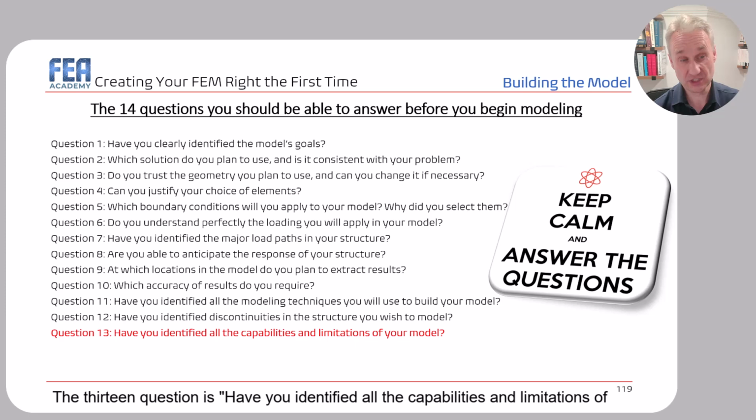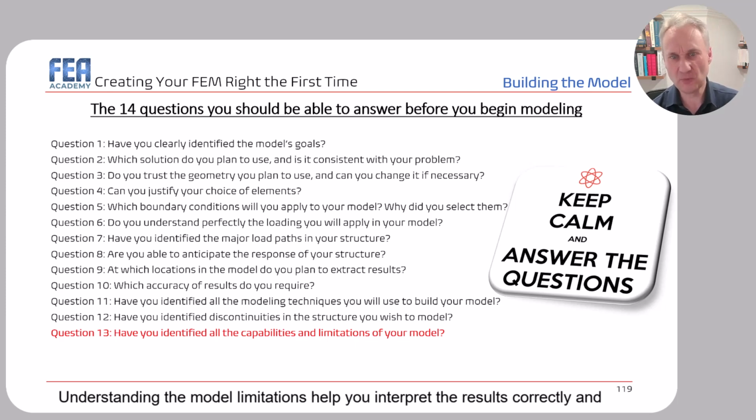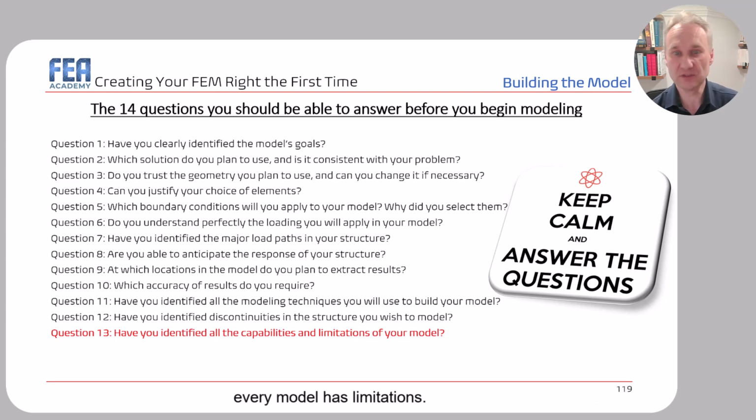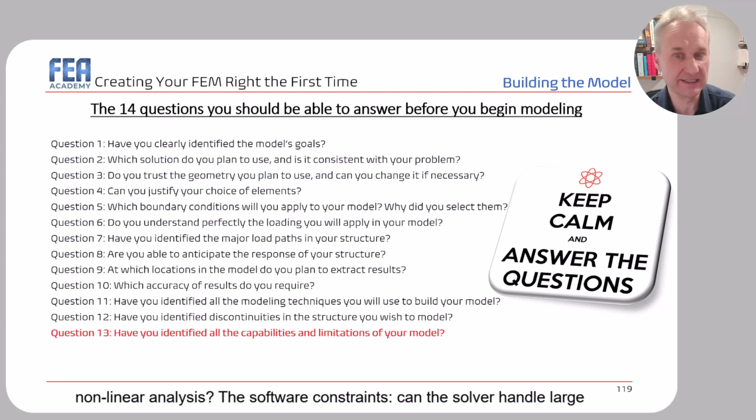The 13th question is, have you identified all the capabilities and limitations of your model? Understanding the model limitations helps you interpret the result correctly. And every model has limitations, okay? The computational limits. Do you have enough resources to run a fine mesh or a nonlinear analysis? The software constraints.